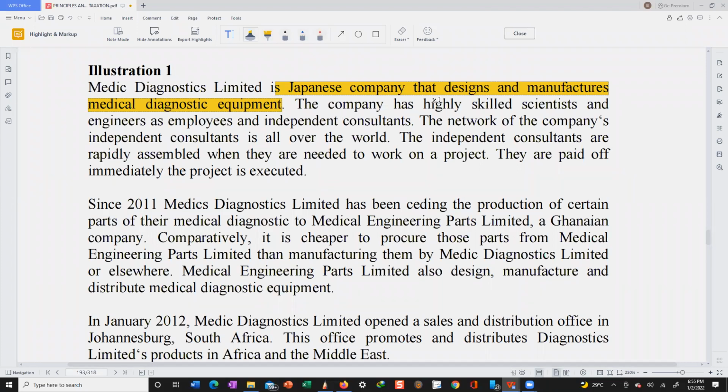So it says that the company has highly skilled scientists and engineers as employees and also independent consultants. The network of the company's independent consultants is all over the world. The independent consultants are rapidly assembled when they are needed to work on a project. They are paid off immediately the project is executed.